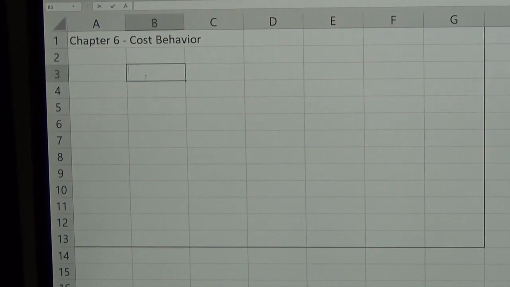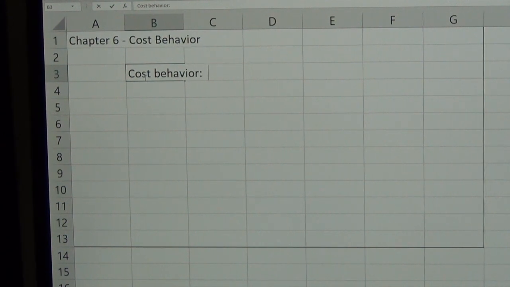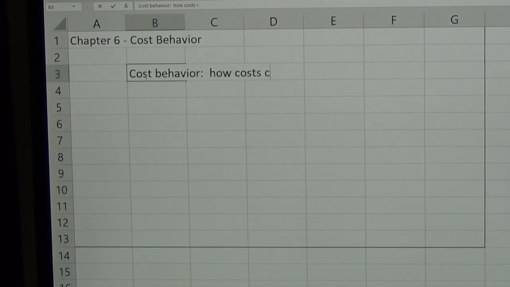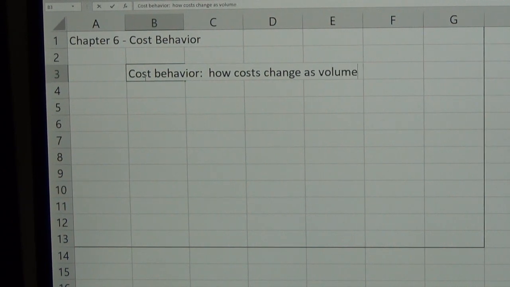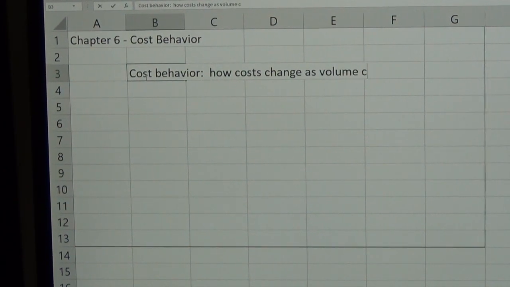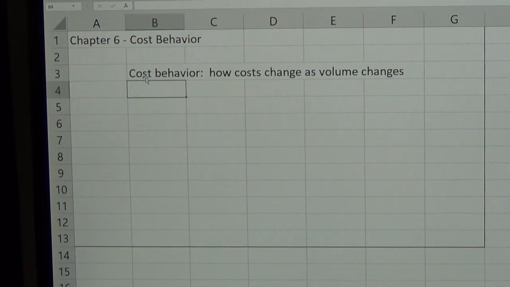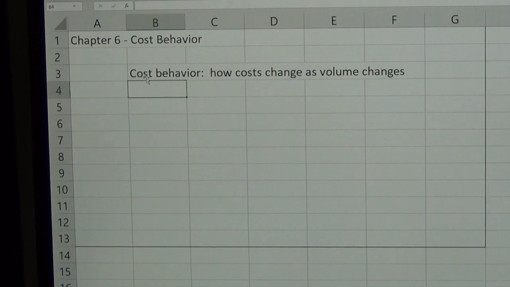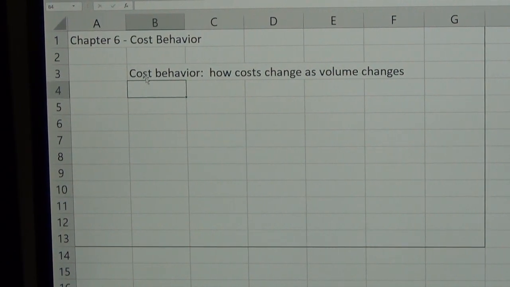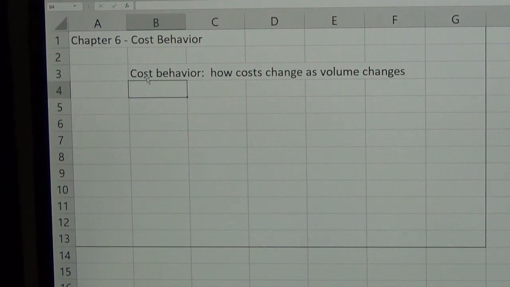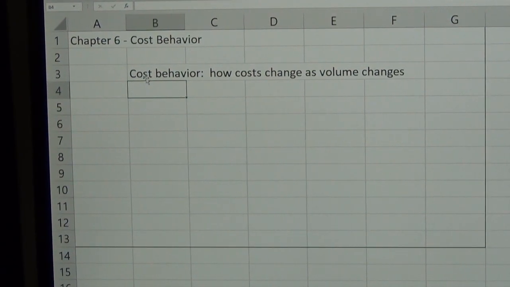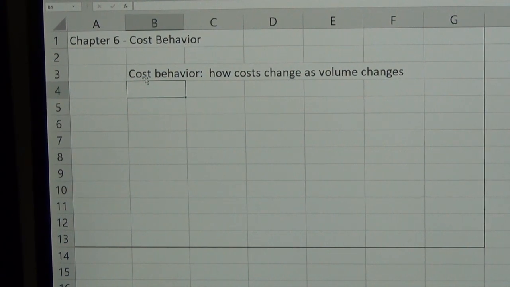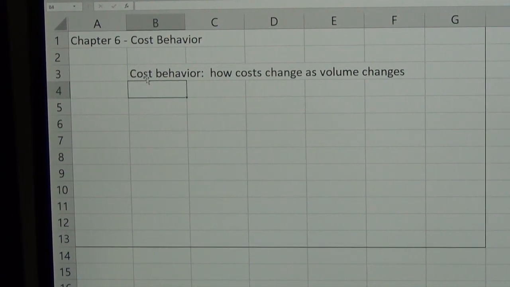When we talk about cost behavior, what we mean is how costs change as volume changes. We're trying to predict how costs will change based upon volume changes. And when we're talking about volume, we're talking about production. So if production goes up, in terms of volumes or quantities that we're producing, we will look at the costs and see how they change relative to those changes in volumes.